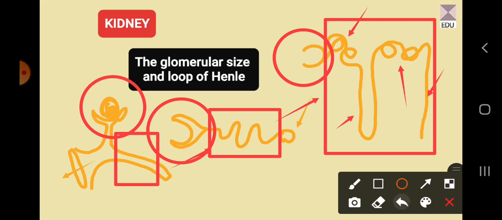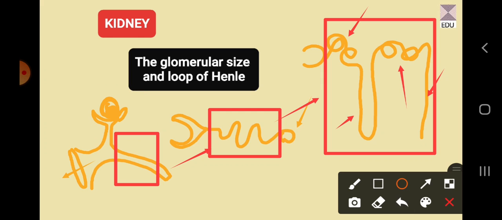If we go for the conditions of the animals, as we have discussed previously in the glomerular size topic, if you have a hypotonic kind of environment, you will have a big glomerulus.